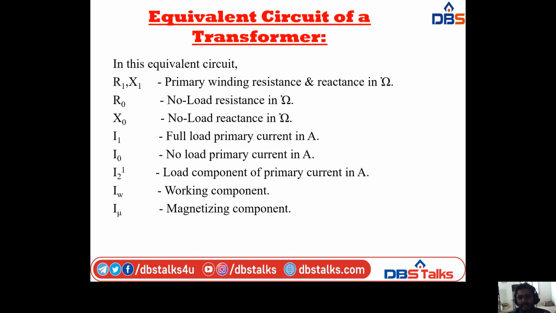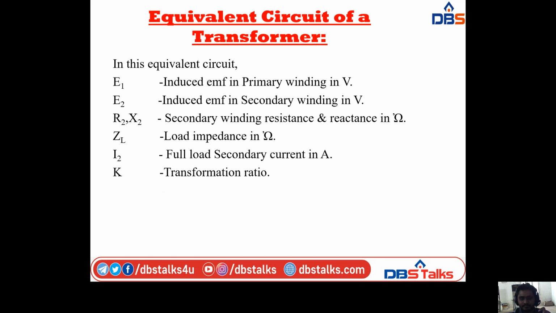And we have IW and I mu. IW is the working component and I mu is the magnetizing component. And next we have E1, the induced EMF in the primary winding in volts, and E2, the induced EMF in the secondary winding in volts.